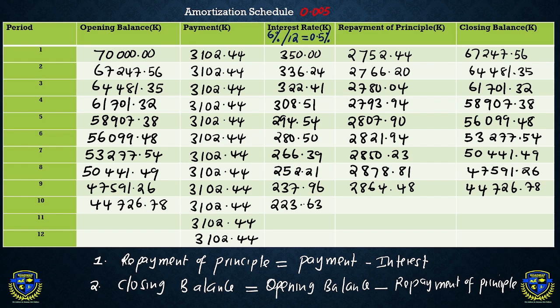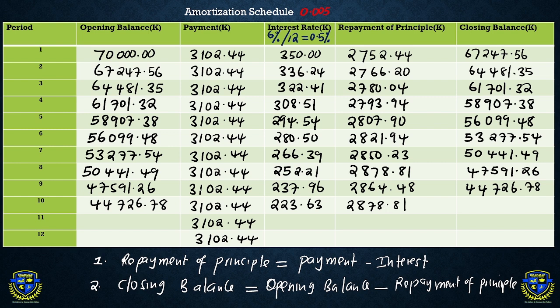And that repayment of a principal, it's going to be 2,878.81.